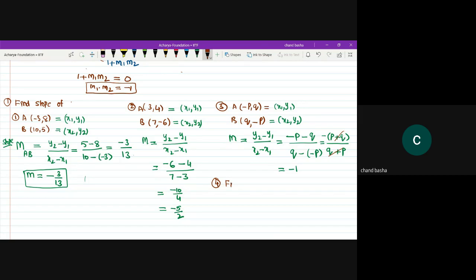Find the value of x if the slope of the line passing through the 2 points 2 comma 5 and x comma 3 is 2.